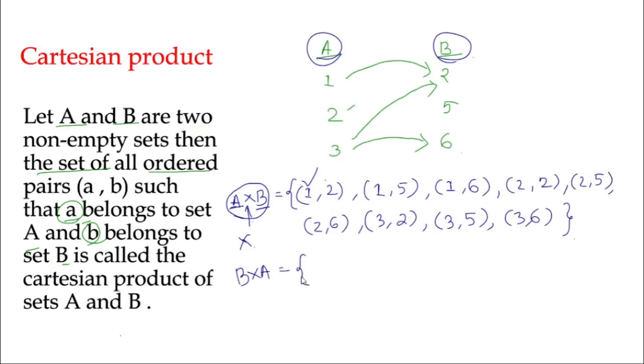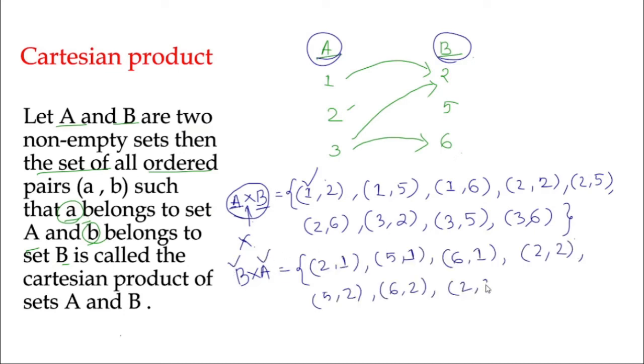B cross A will be the set of ordered pairs where the first element is picked from B and the second element is picked from A. So this will be B cross A. You can see the difference. The only difference is that I have interchanged the position of elements within the ordered pairs.